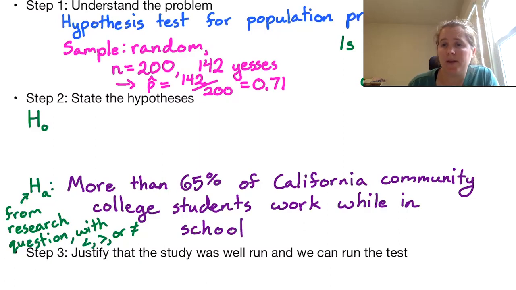Once we have the alternative hypothesis, we can get the null hypothesis simply by converting that statement to equality.